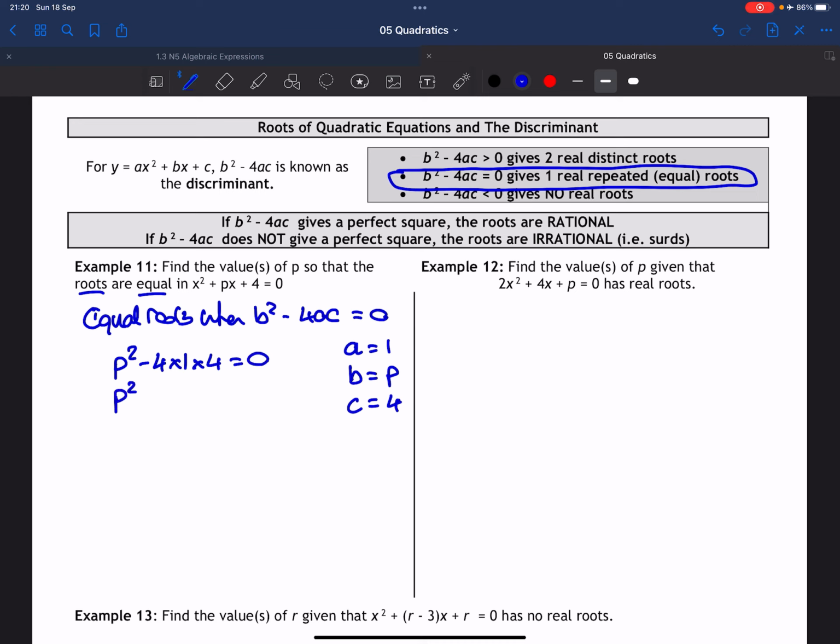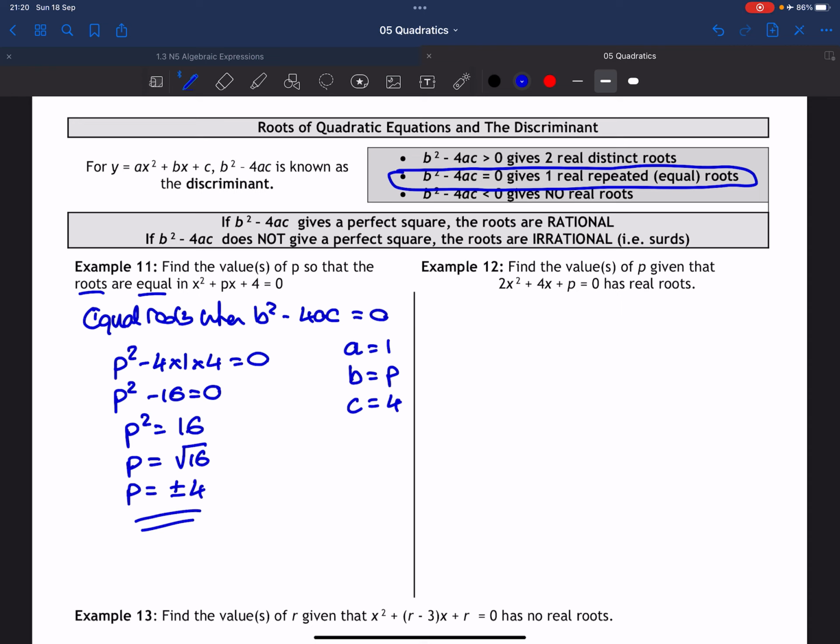So that'll be p squared minus 16 is equal to 0. So I get p squared is equal to 16. So p is going to be the square root of 16. So p is going to be plus or minus 4. Please remember that when we square root a number, we always get a positive and negative value.